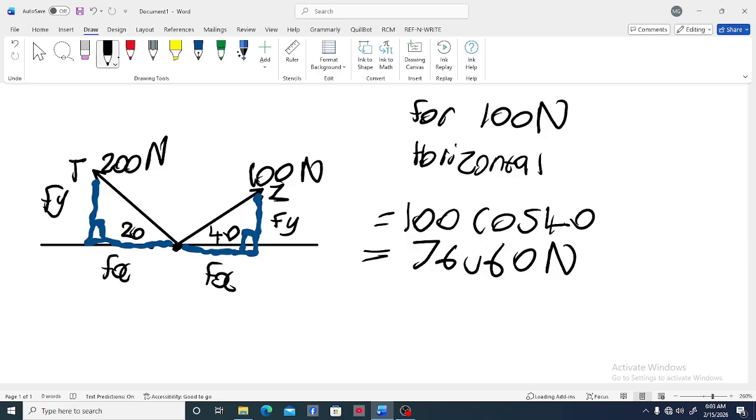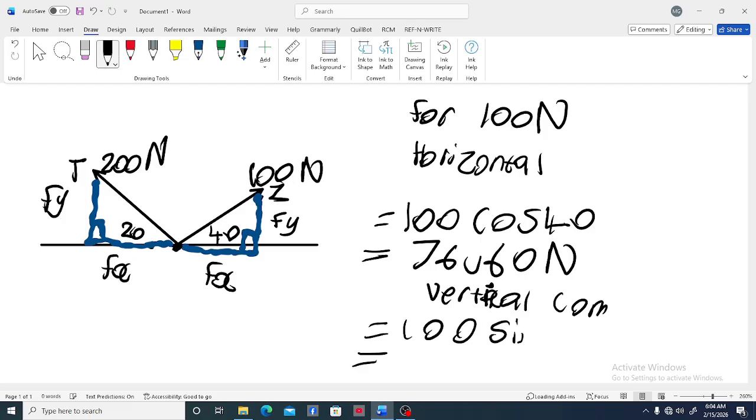Okay, now let's calculate the vertical component of the 100 Newton force. How would we get the vertical component there? We just say 100 sine 40.